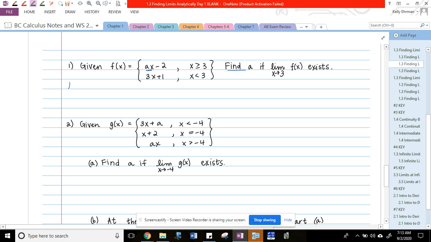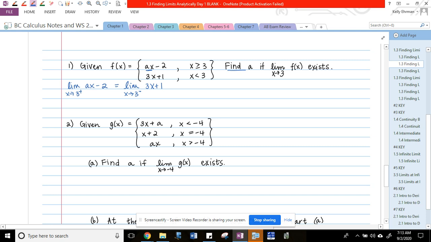So I can say the limit as x approaches 3 on the right, I'm going to start with the right because that's the top equation, of ax minus 2 has to equal the limit as x approaches 3 on the left using 3x plus 1.